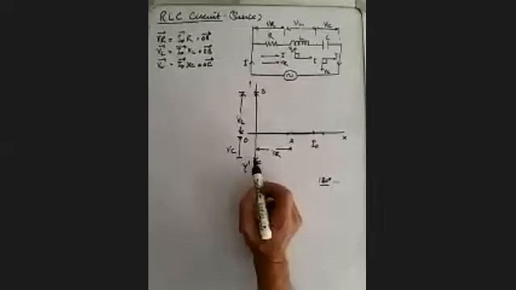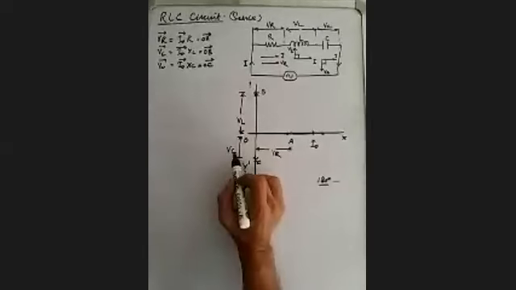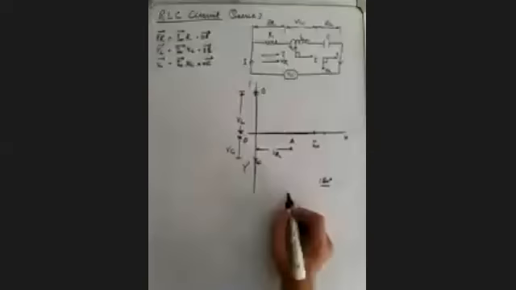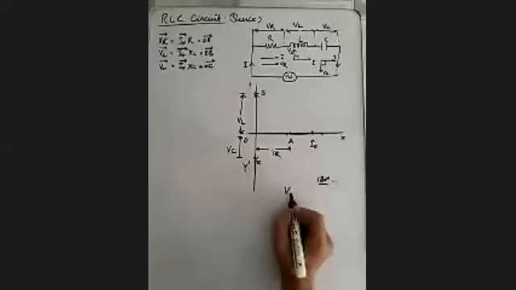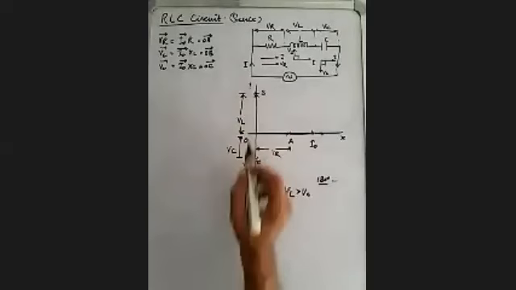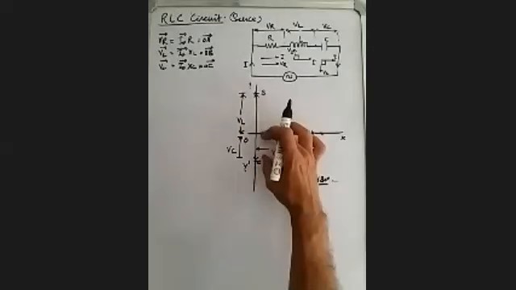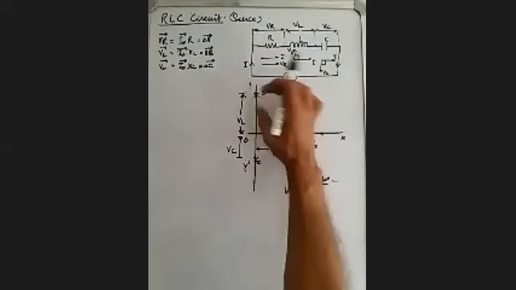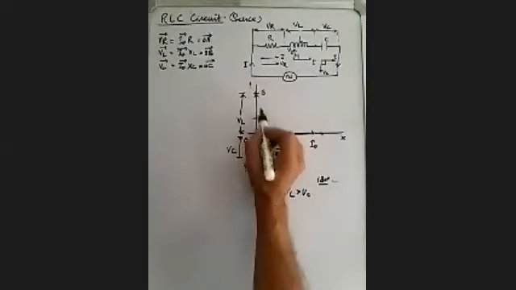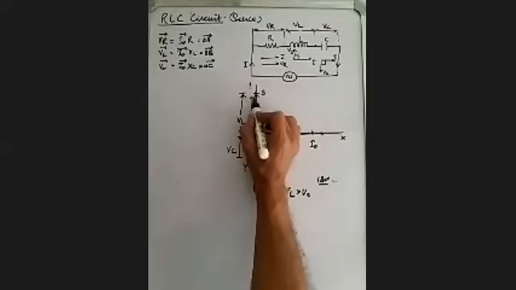Now the resultant of VL and VC, because let us assume VL is more than VC in magnitude, will be along the positive Y direction. So let us cut this much portion from here, this much is how we have taken VC.